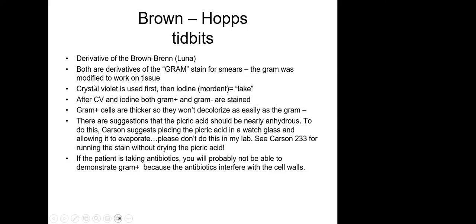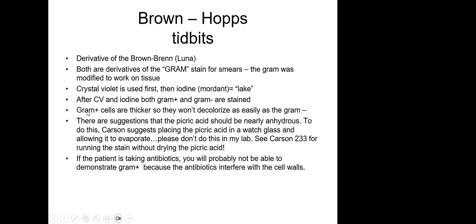The crystal violet is used first, and then we go into that slide with an iodine. These two together make a mordant lake. After your crystal violet and your iodine, both your gram positive and your gram negatives are going to be stained.